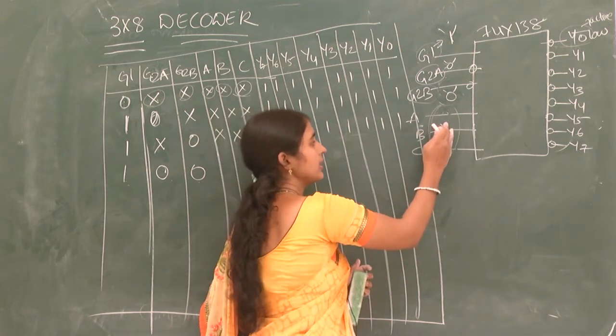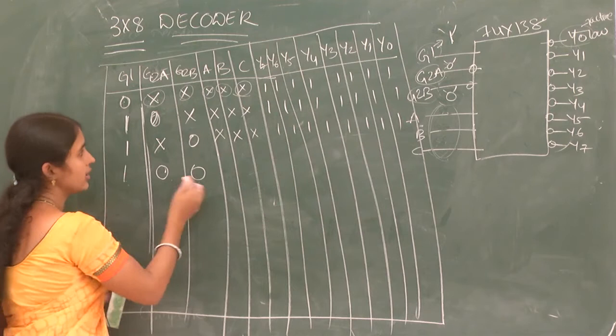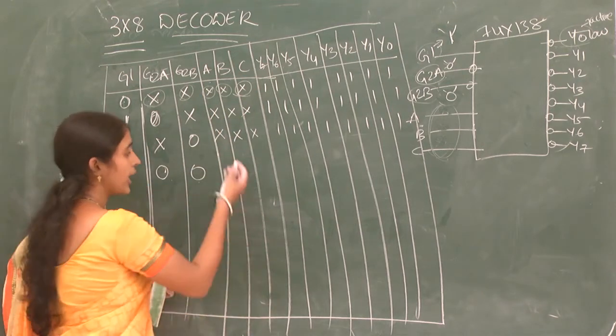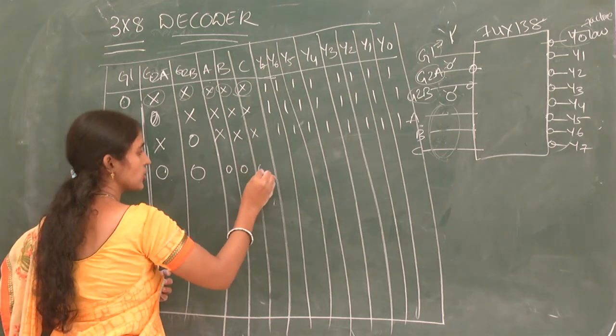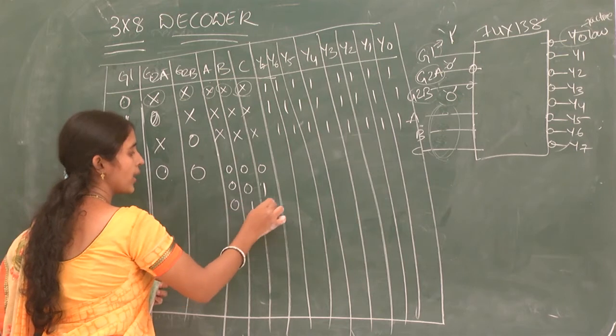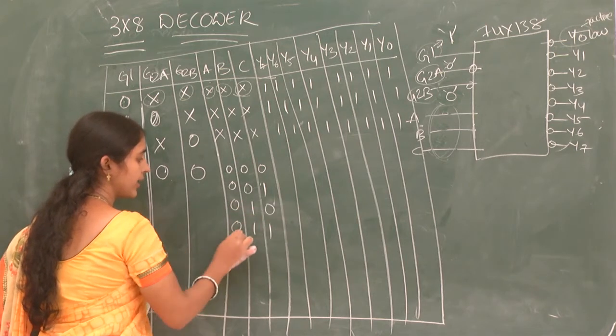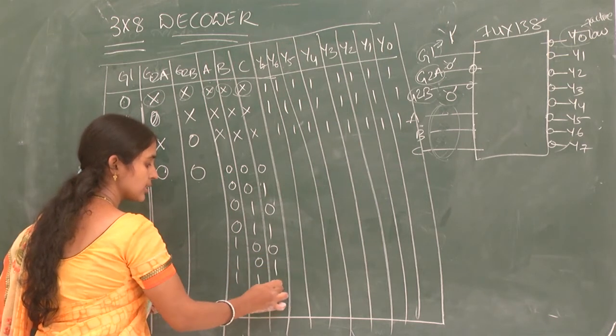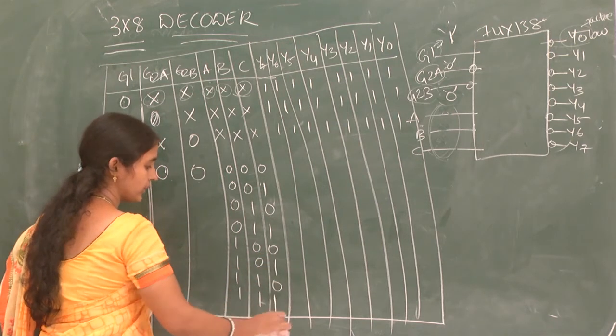See here, there are 3 inputs. 3 inputs means how many possible combinations will you get? 8 possible combinations: 0, 0, 0; 0, 0, 1; 0, 1, 0; 0, 1, 1; 1, 0, 0; 1, 0, 1; 1, 1, 0; 1, 1, 1.